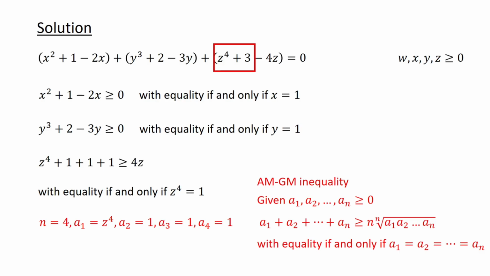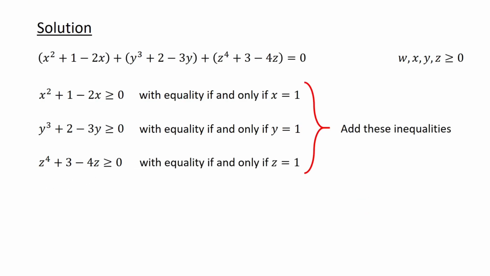The right-hand side of the inequality is 4z. Since z is non-negative, taking the fourth root of z⁴ = 1 gives us z = 1. Moving 4z to the other side, we obtain z⁴ + 3 − 4z ≥ 0, with equality if and only if z = 1.